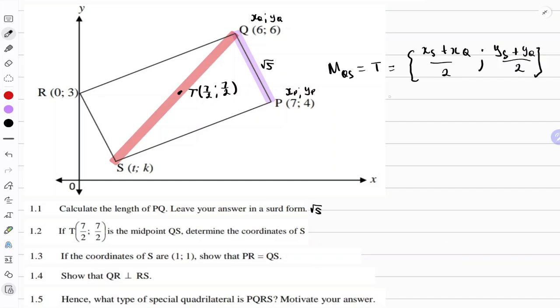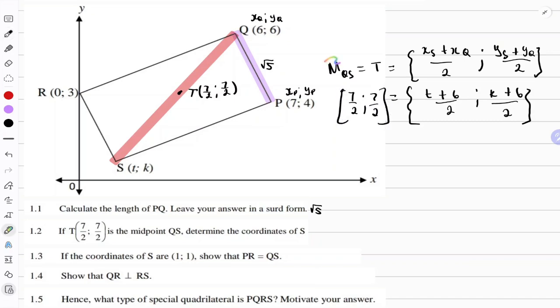So now we can substitute. XS is T plus XQ is 6 over 2, and YS is K plus YQ is 6 over 2. And this should all be equals to 7 over 2 and 7 over 2.